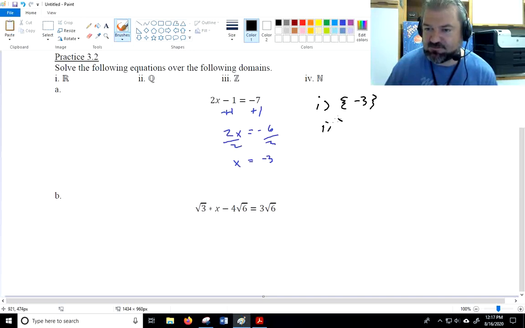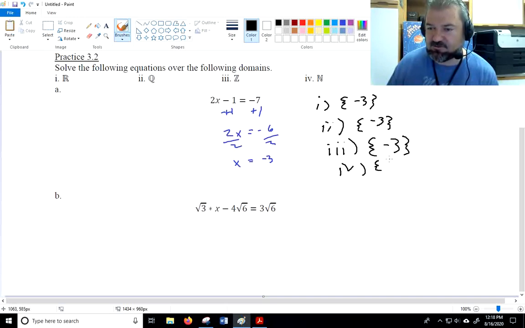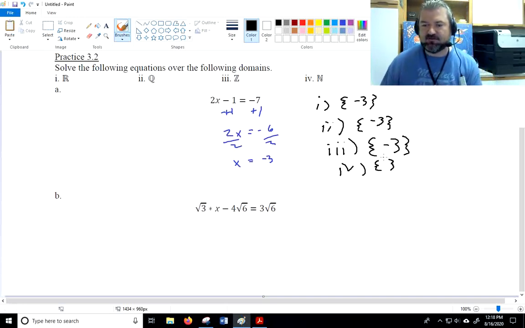It is definitely a rational number because we could just call this -3/1, and that's still a rational number. And it is an integer because it has no fractional part. But it is not a natural number because the natural numbers begin at 1 and count up from there, sometimes called the counting numbers. So that one's an empty set.